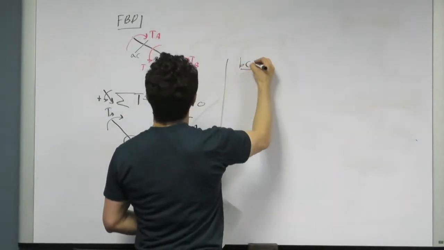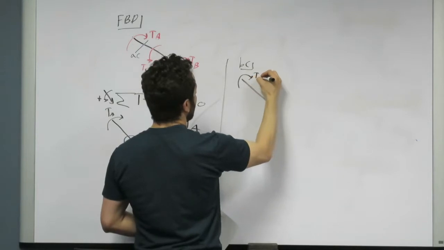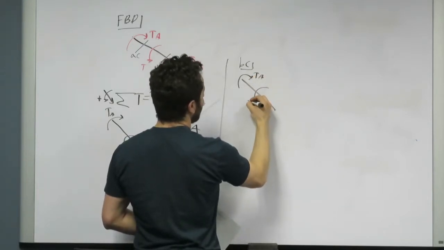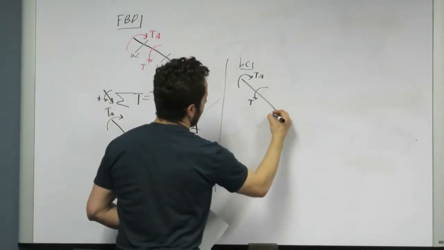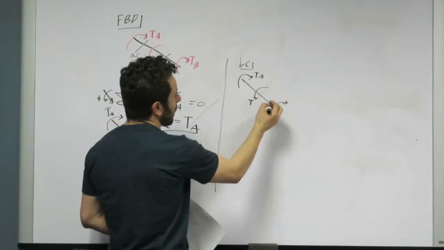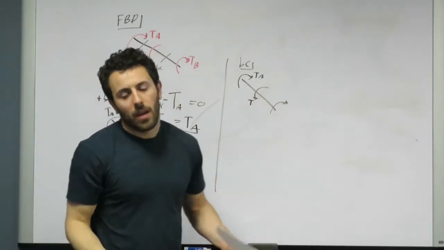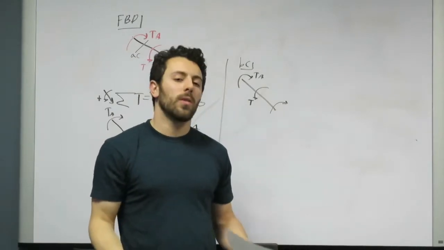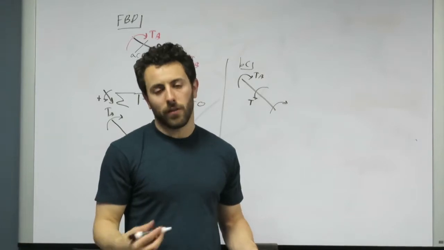So now, let's look at section BC. So for section BC, we draw the free body diagram. We have TA, and then we have T, and then I'm going to assume that we're going to have direction that way because it's resisting this applied load. If you don't know the load, I would always assume the opposite direction for the reaction.